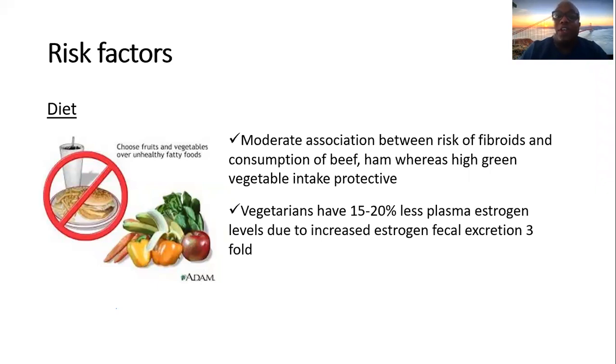And then of note, vegetarians have up to 20% less plasma estrogen levels, and even decreased incidence of uterine fibroids, for the population that is vegetarian.